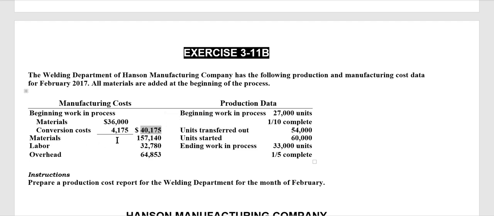They added materials during the month, $157,140. They added direct labor during the month, $32,780, and they added overhead during the month, $64,853. Again, the labor and the overhead will comprise our conversion cost.